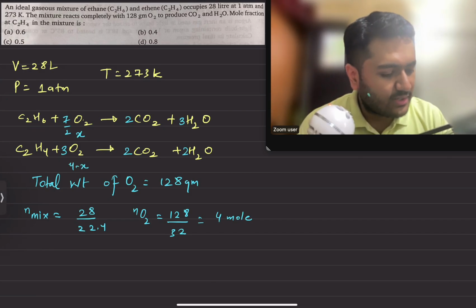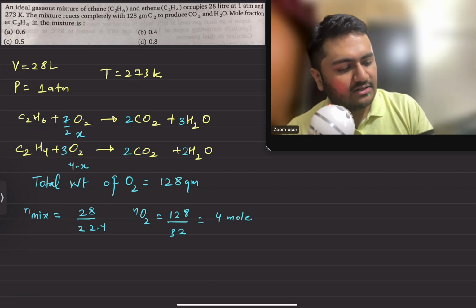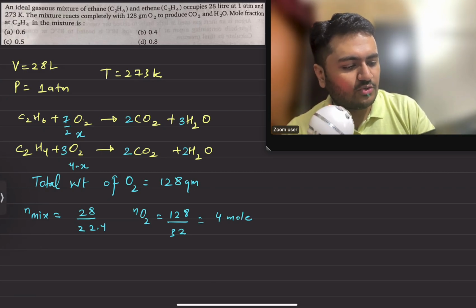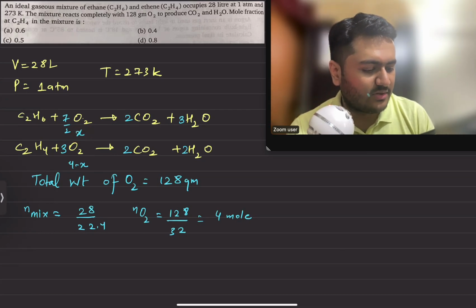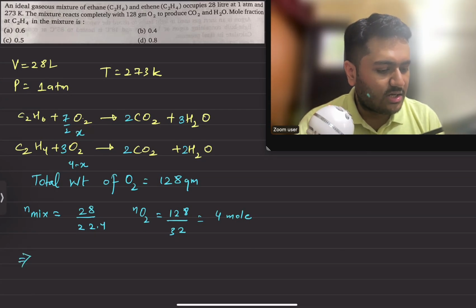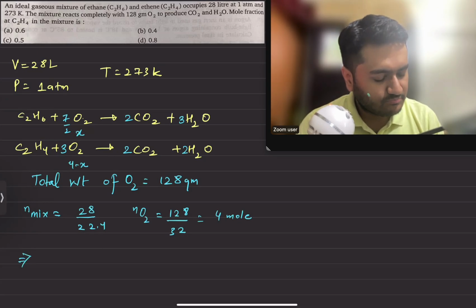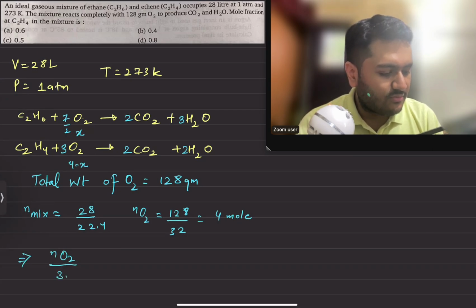If X moles of O2 react, how many moles of C2H6 will form? Moles of O2 divided by 3.5 will be equal to moles of C2H6 divided by 1.